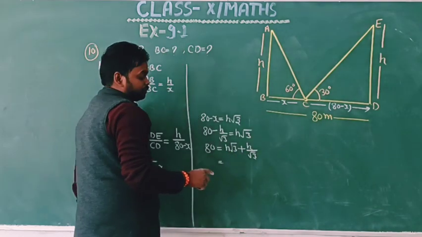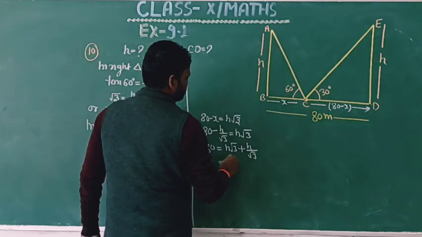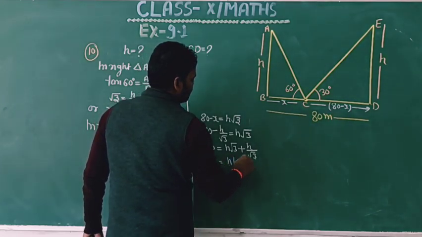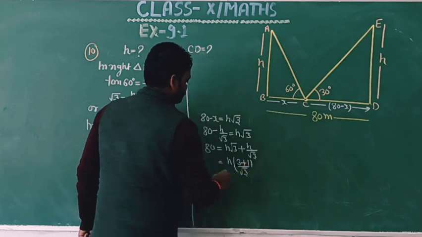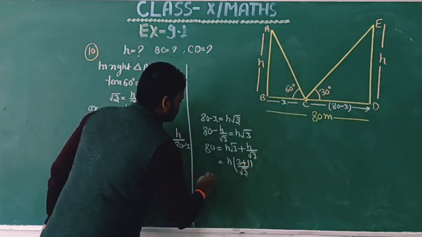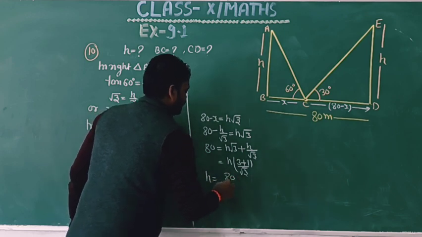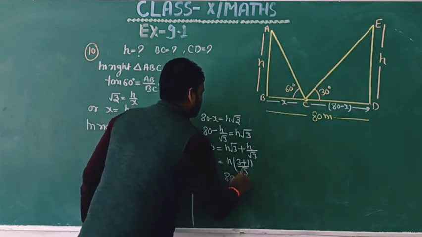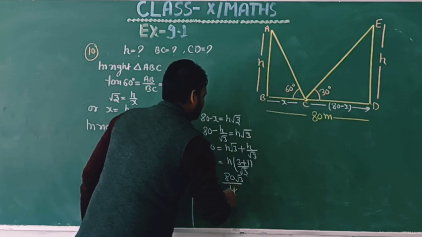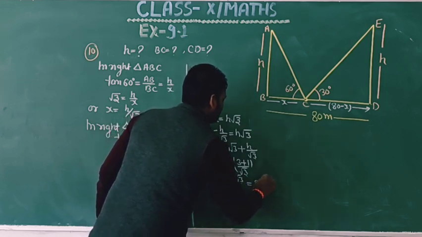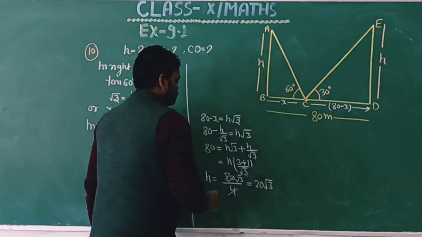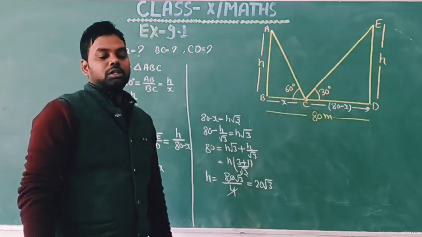And now taking LCM, this is 3 plus 1 upon root 3, that's equal to 80 root 3 by 4, which is equal to 20 root 3. So the height of the pole is 20 root 3.